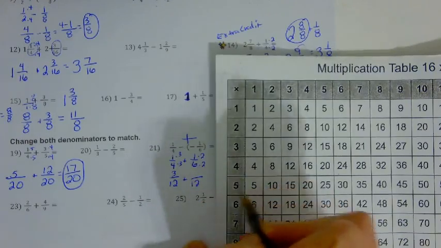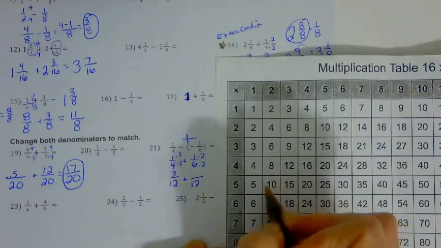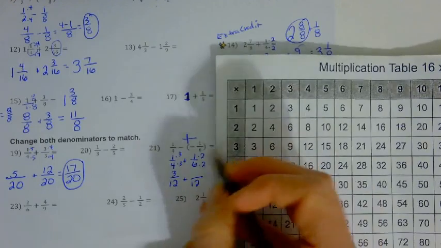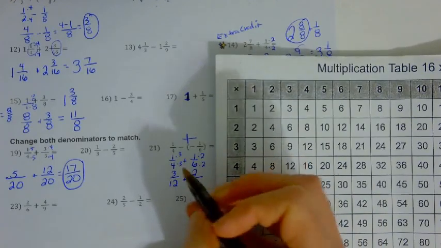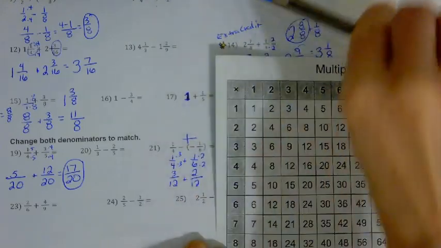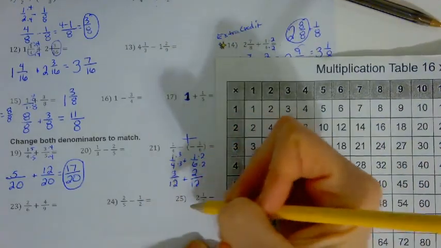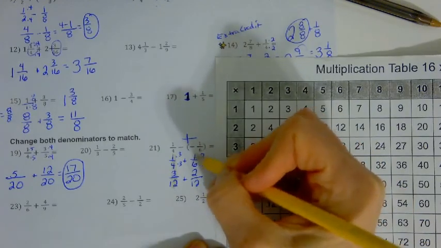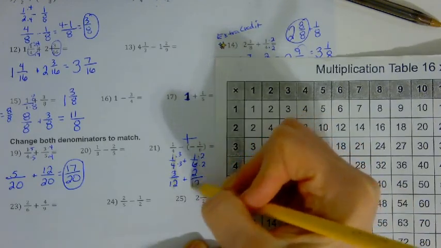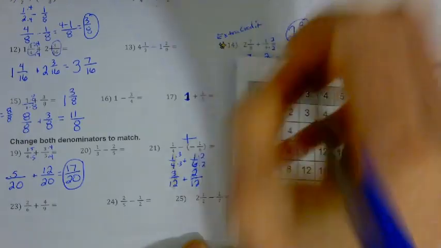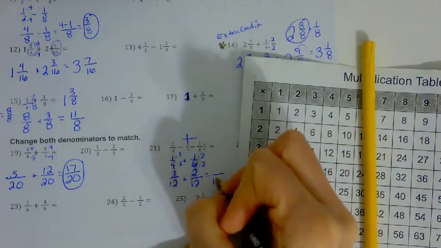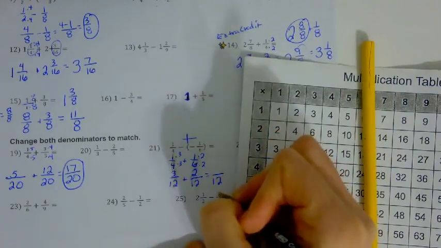And then 1 times 2 is 2. So now both of these fractions have been changed. This 1/4 has been changed into 3/12, and this 1/6 has been changed into 2/12. And now we'll add them together, and 12 stays on the bottom. Because our denominators are the same, we can add the numerators, and we get 5 over 12.